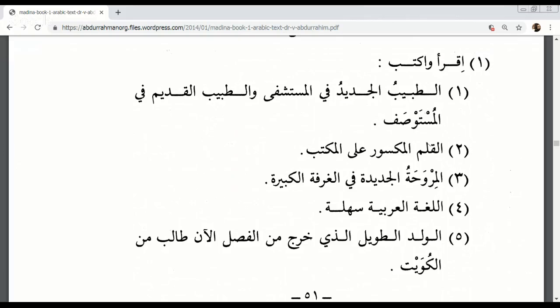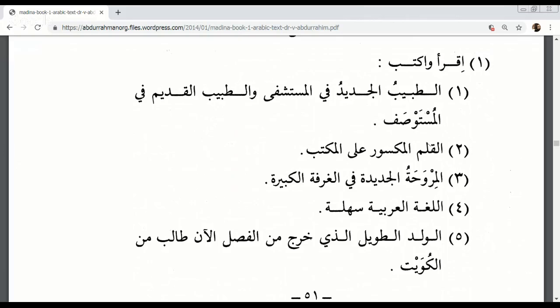Okay, good. And go ahead, Aisha. Next sentence. الولد الطويل الذي خرج من الفصل الآن طالب من الهند.